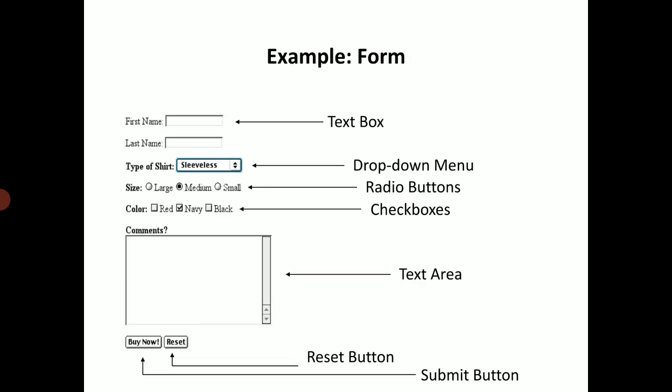This is an example of a form. Here we use various controls like a text box, drop down menu, radio buttons, check boxes, text area, reset button, submit button, and we also have a password text.